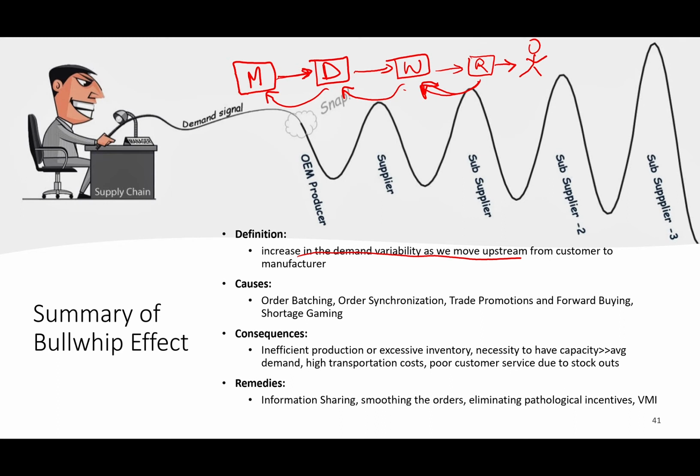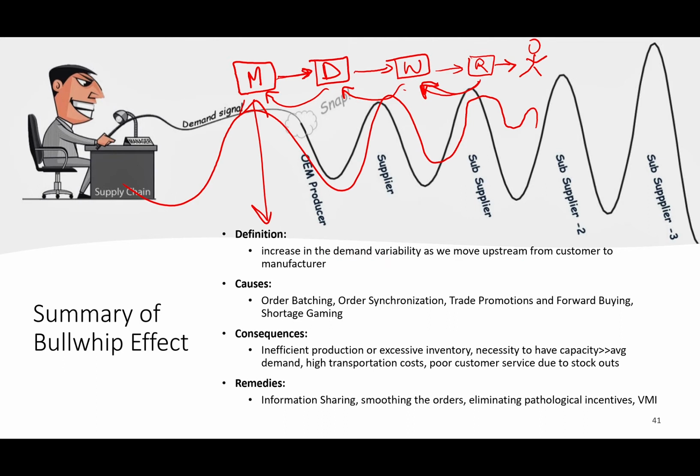So what we saw was that as we move upstream, if there is a small blip in the consumer demand, right? If something like this happened in the consumer demand, then as we move up, the variability keeps on increasing. All right. So the manufacturer sees a really big increase and decrease in the demand. So the variability is very high, whereas the variability here was very small, right?